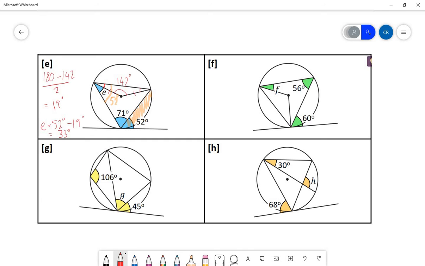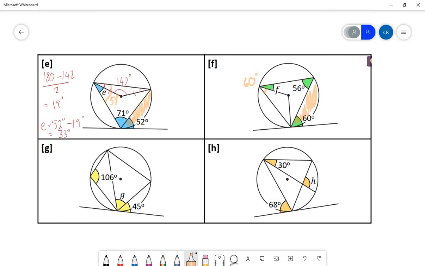Okay, let's have a look at F. I think it's pretty similar. So we have a tangent and we have a chord. We have an angle marked there, so we're going to colour in that segment. Okay, right, now that means that all of the other side of the chord is the alternate segment, and if we stretch from the edges of the chord right across the circle, we get 60 degrees right over here.